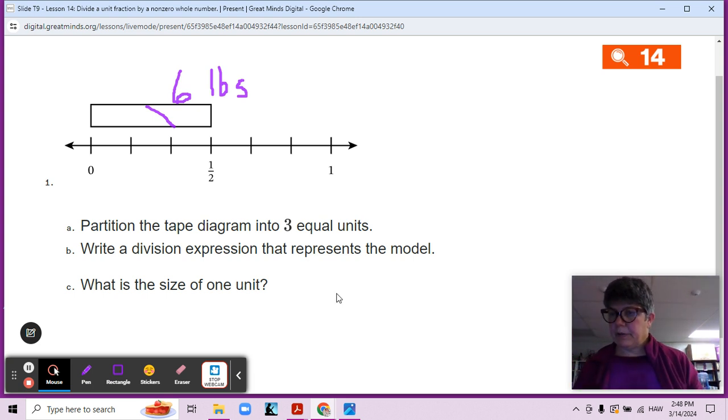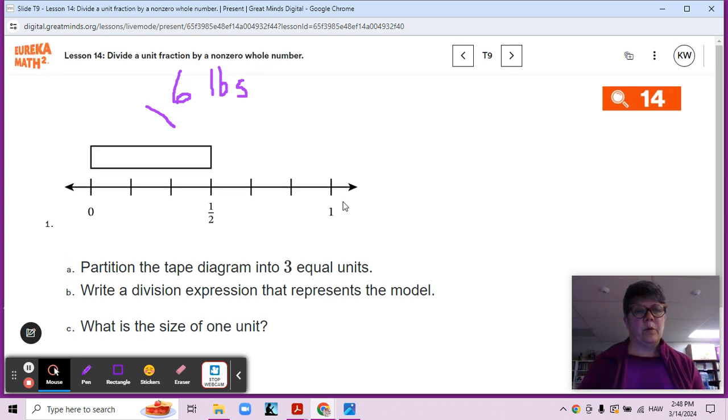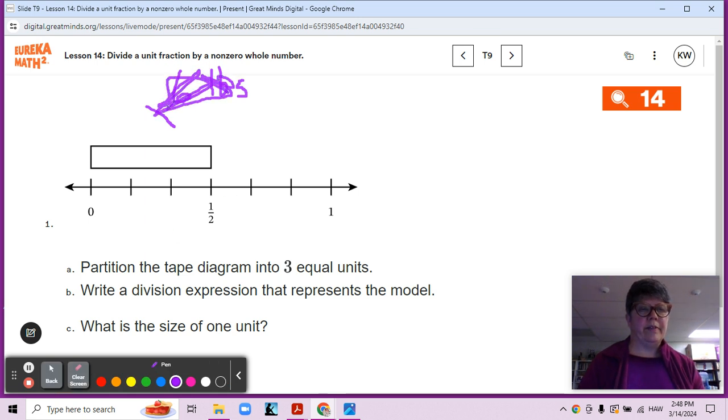The tape diagram represents what total, and how do you know? I kind of want to cross out this 6 pounds just so it's not in our way. All right, there we go. So the tape diagram represents what total, and how do you know? Looks like it represents 1/2.